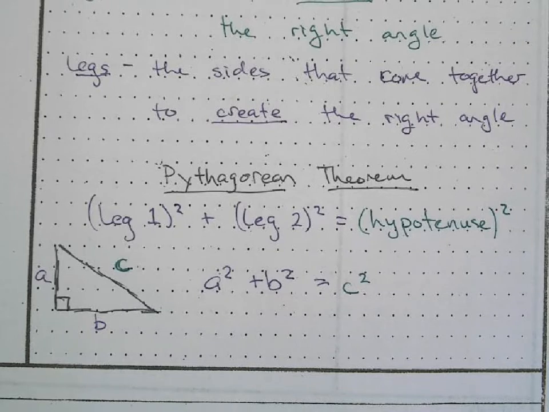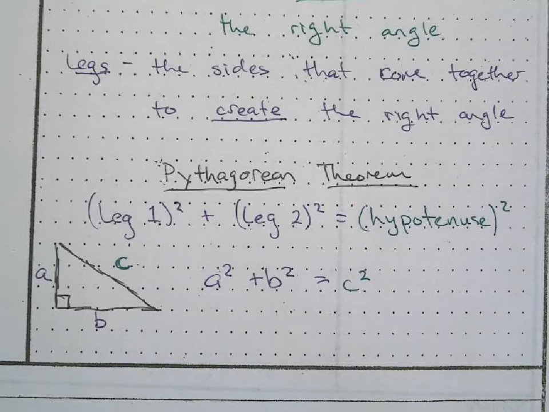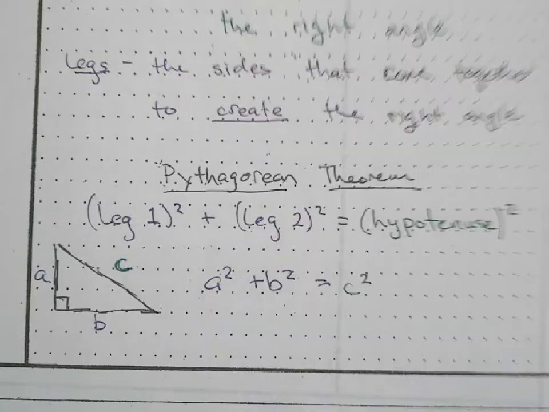Now we're going to use this to solve some different right triangles. So we're going to do two examples where we're solving for two different situations.